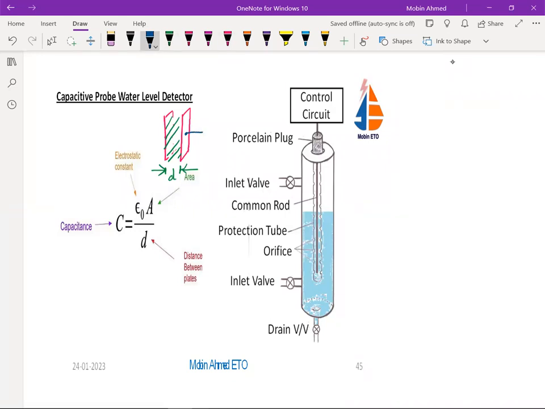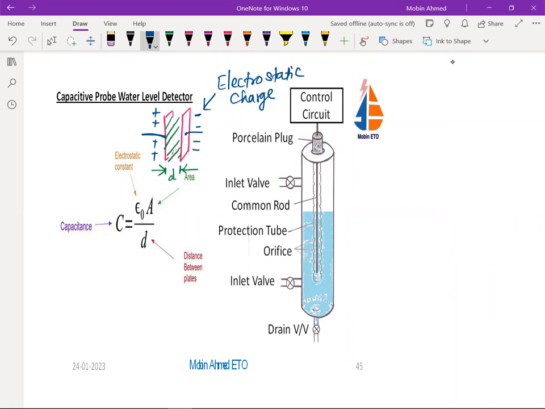Then it is going to have the charge. Suppose this side it is going to be a positive charge, and this side it is going to develop a negative charge. So this charge is known as an electrostatic charge. Now this electrostatic charge on the plates depends upon the dielectric constant, the area of the plates and the distance between these two plates.